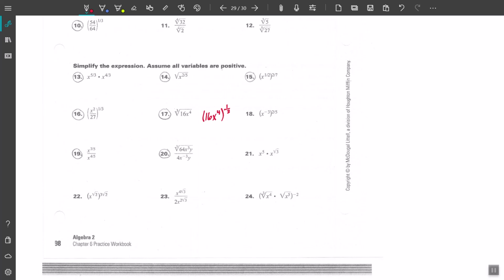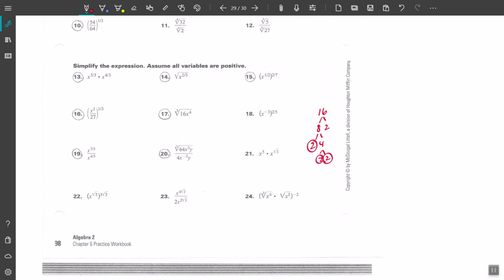But actually, now that I'm looking at it, I think the easier way to do it is to just prime factor what's under here. And I'll show you how to prime factor that x to the 4th. So we have 16, and if that is prime factored, we end up with three 2's and one 2 left over.